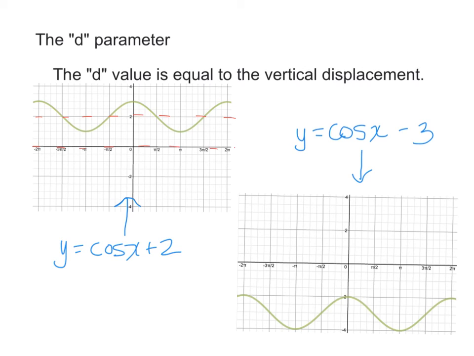So we always look at where that central axis moved to. It was originally along the x-axis, and now it's along 2. Over here, it was originally along the x-axis, and now it's here at -3. So that's what we're looking at, where the central axis is when we're talking about a vertical displacement.